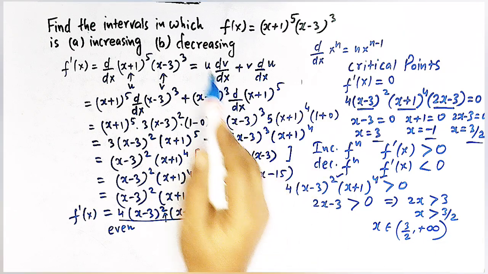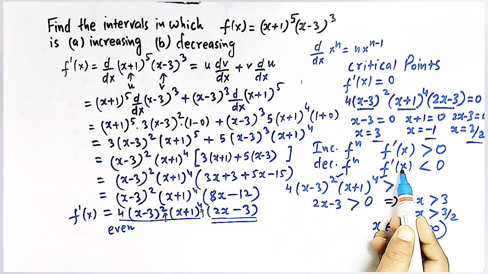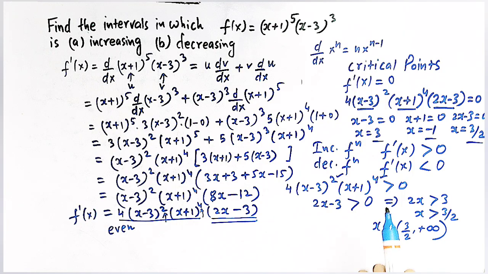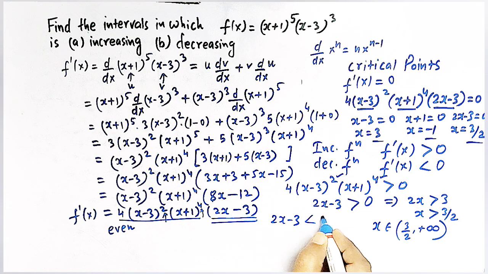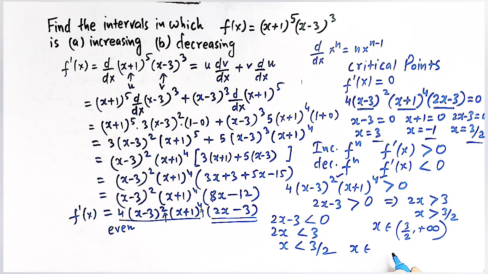So this function is an increasing function when x belongs to the interval (3/2, +∞), right? And this function is decreasing when f'(x) is less than 0. So now this factor is always going to be greater than 0. So f'(x) is less than 0 only when 2x - 3, that is this factor, is less than 0. That is 2x is less than 3, x is less than 3/2. So this function is a decreasing function when x belongs to (-∞, 3/2).